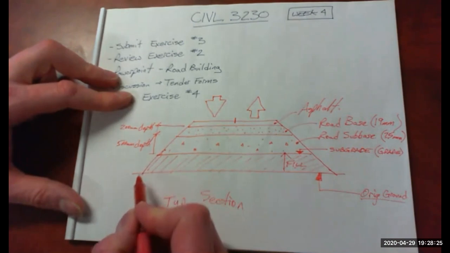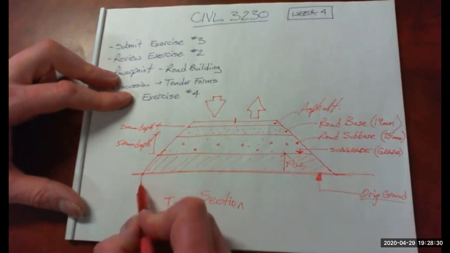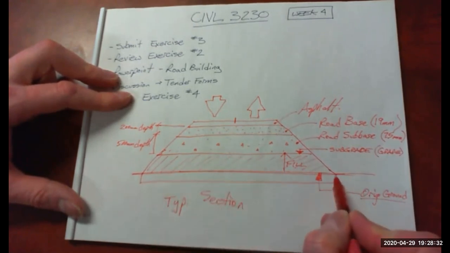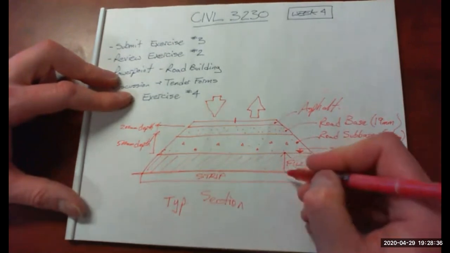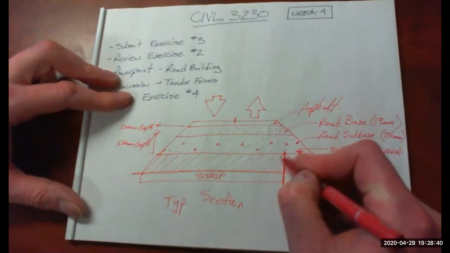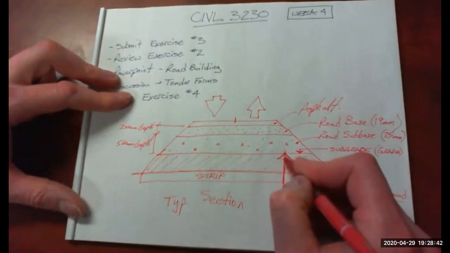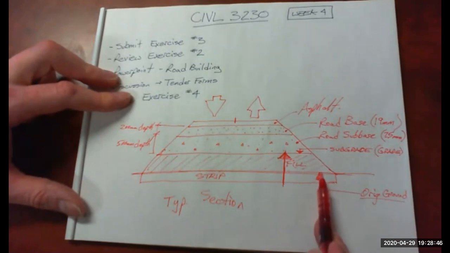I guess for completeness, you would strip a section here first. So strip this first. So then your fill depth is no longer from the original ground surface, it's from your strip surface.